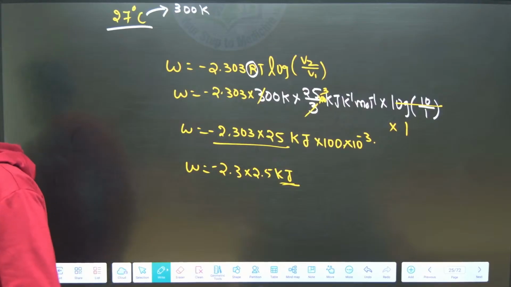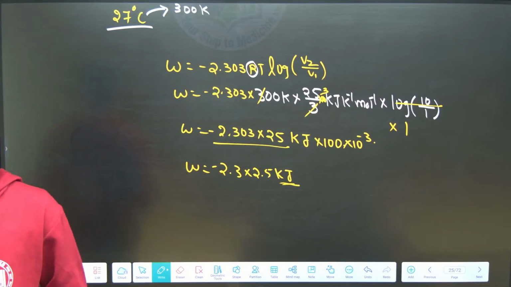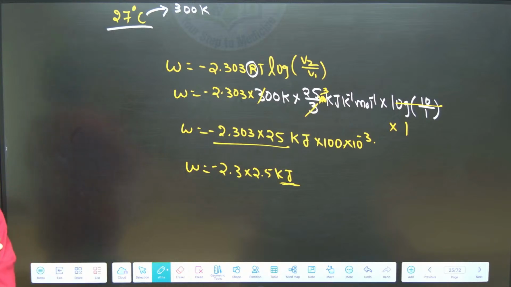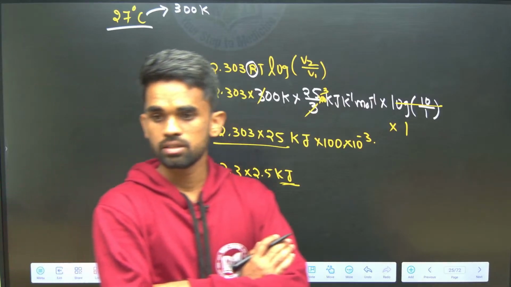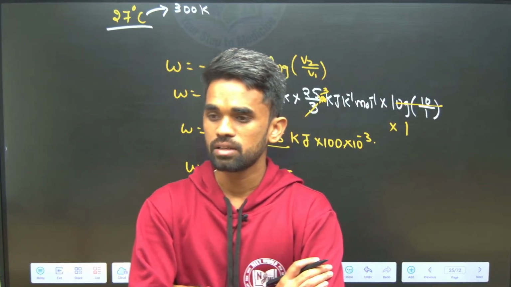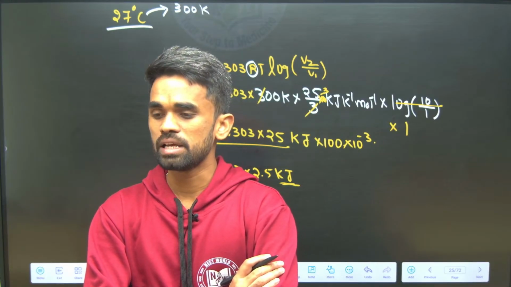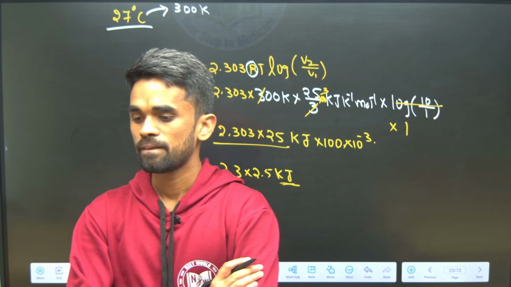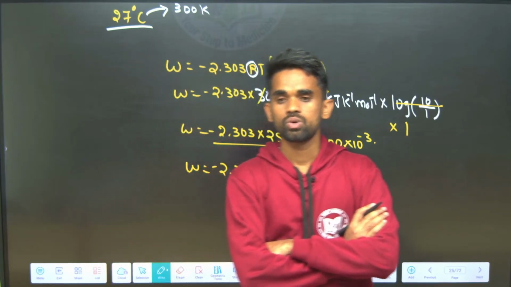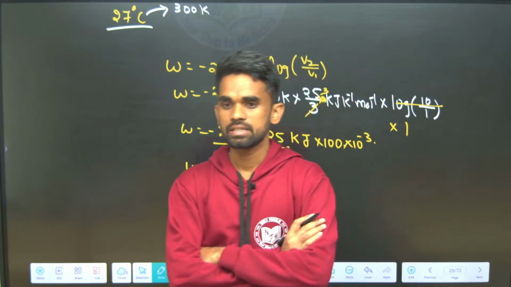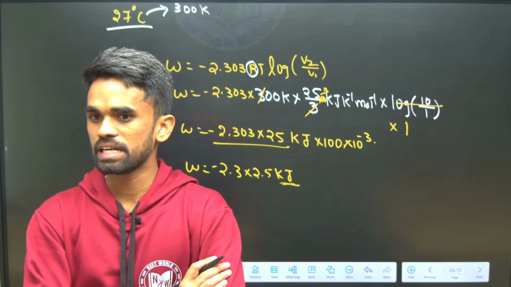Next, write one more question. 8 grams of O2 gas expanded isothermally and reversibly from 2 liters to 20 liters at 27 degrees Celsius.